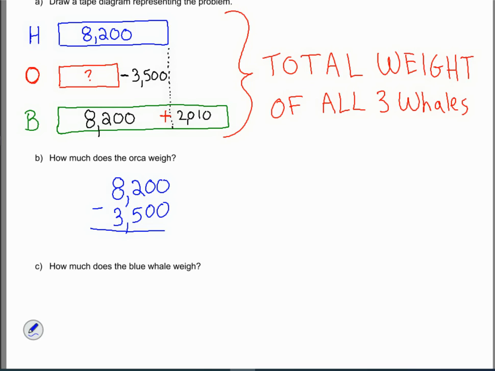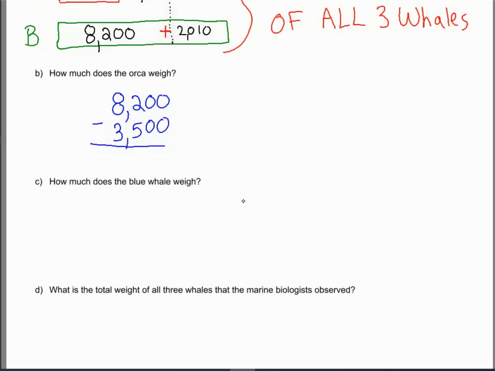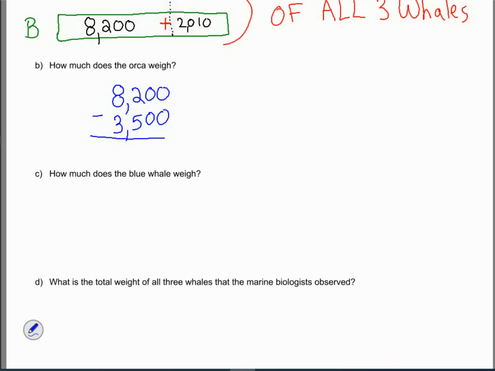And I'll let you do that at home. The blue whale weighs more than the humpback whale. So this is what the humpback whale weighs. The blue whale is larger by 2,010 kilograms.